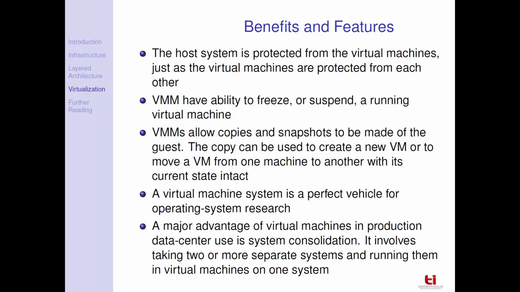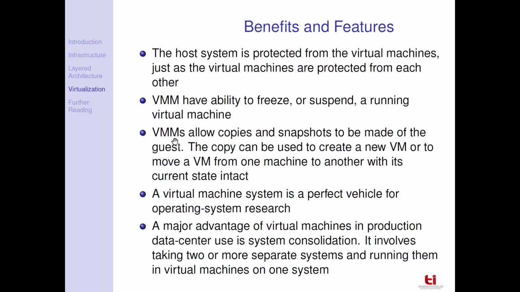So we have already understood that in virtualization, the host system is protected from the virtual machine because of a layer of indirection in between, just as virtual machines are also protected from each other because they are completely independent and isolated. One common feature of most virtualization implementations is the ability to freeze or suspend a running virtual machine.